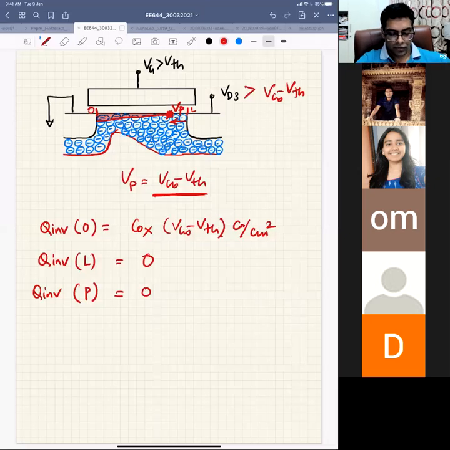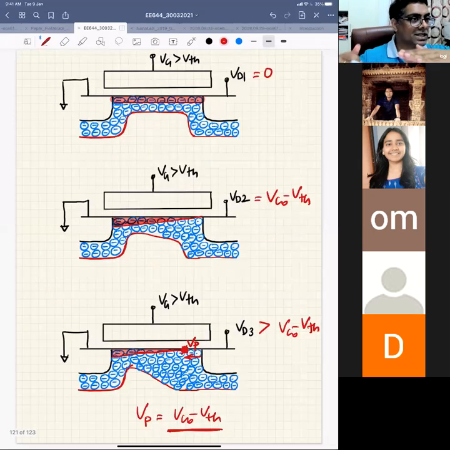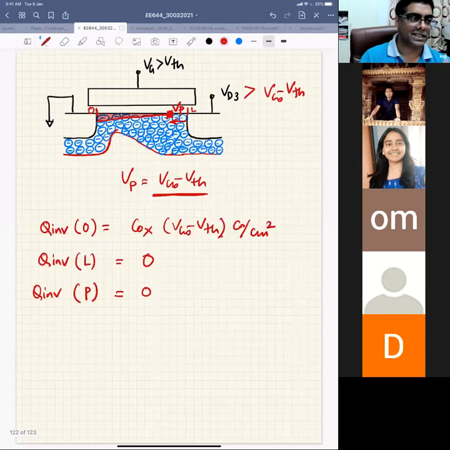So you see, when VDS equal to VGS minus VTH, your channel is just pinched off, and the pinch off point is at L. But when VDS is more than VGS minus VTH, your pinch off point has moved towards the source. So let's say this is some delta L, right?